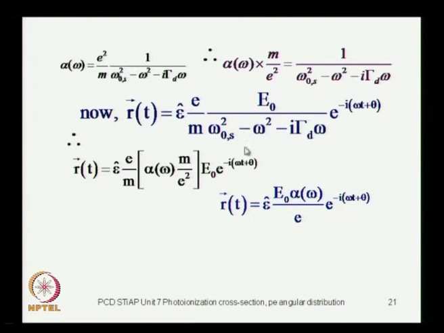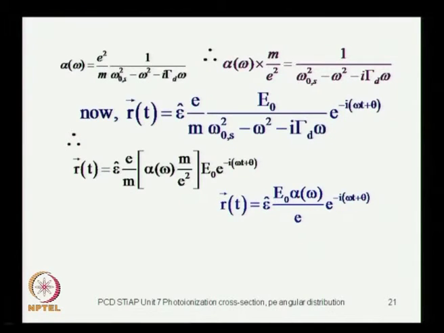So, if you look at the similarity between these two forms, you can expect to write the displacement in terms of the polarizability, okay, by factoring out the common terms, because it has almost the same form, and you write the displacement vector in terms of the polarizability, and this turns out to be e over m.